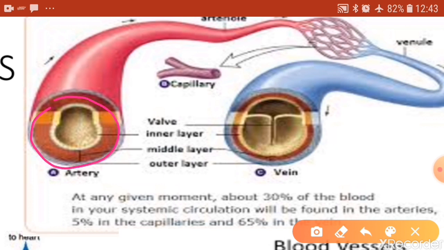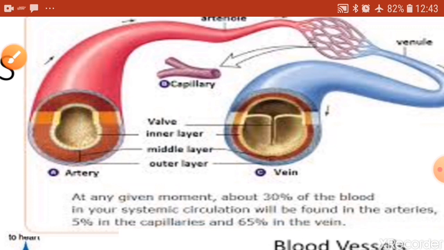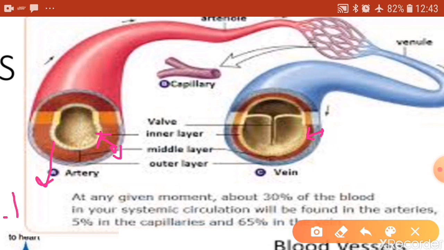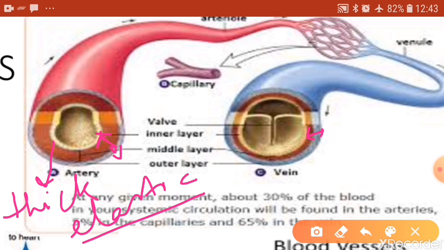In an artery, you find that the wall is thick. Just see the thickness of the wall. The thickness of the wall of an artery is greater than that of the veins. So arteries have a thick and highly elastic wall. Can you just think why it is thick and elastic?